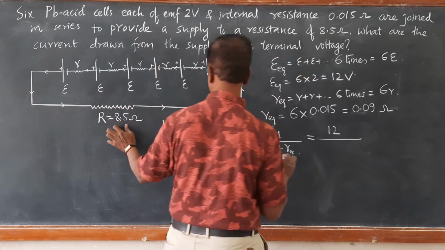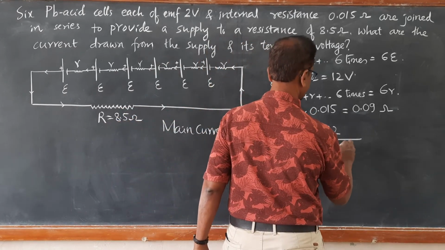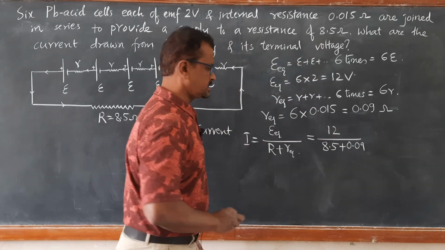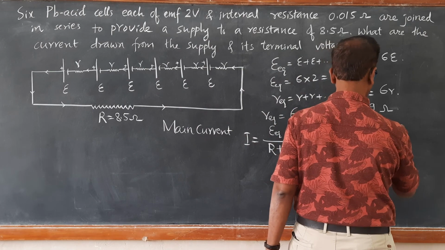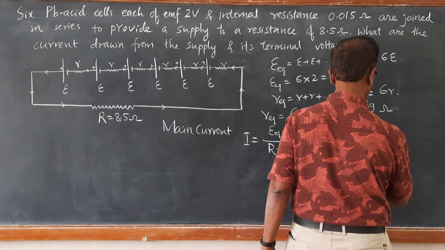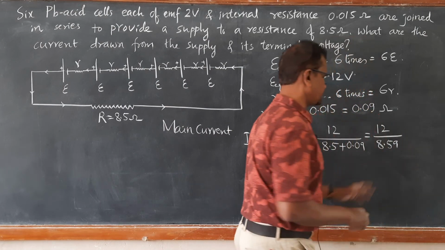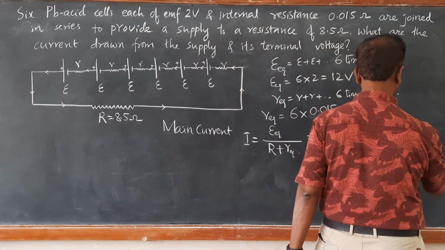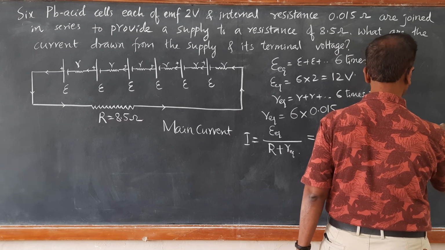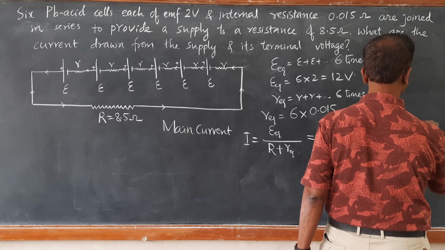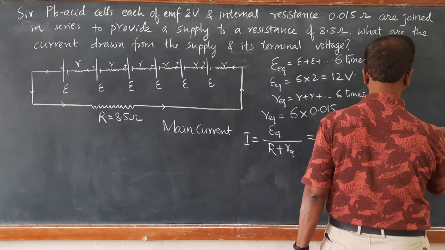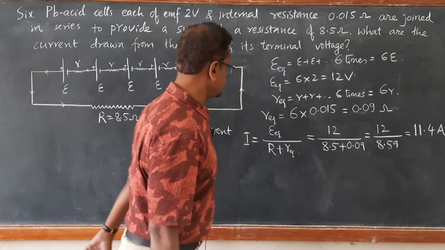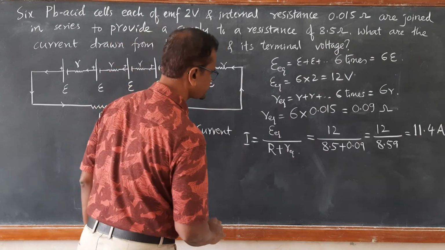Capital R is 8.5 plus 0.09. So it becomes 12 divided by 8.59. If you take it as 8.6, then you can very easily find out. So this becomes 11.9 amperes. 11.4 amperes, right? This is the current.